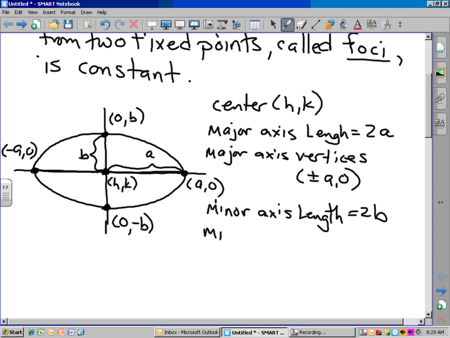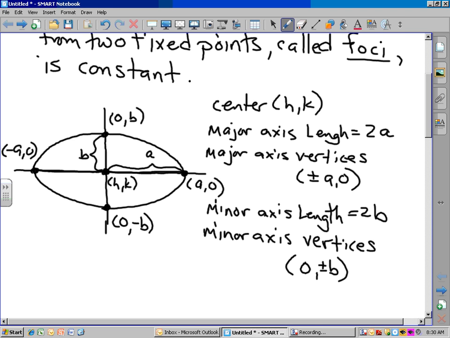So our minor axis vertices are going to be 0, plus or minus b. Again, that's centered at the origin. Once we move it away from the origin, it's still going to be the same concept. We're just going to have to focus more on the center and add and subtract from the center. So we have the center, major axis length, major axis vertices, minor axis length, minor axis vertices.